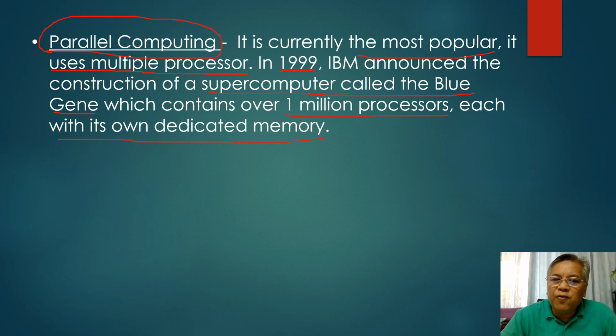That is how fast the computer is. Just imagine, that was developed in 1999 already. So what more now? We are already in 2021. So what kind of computer is already being developed by IBM or other companies that deal with the construction of computers?